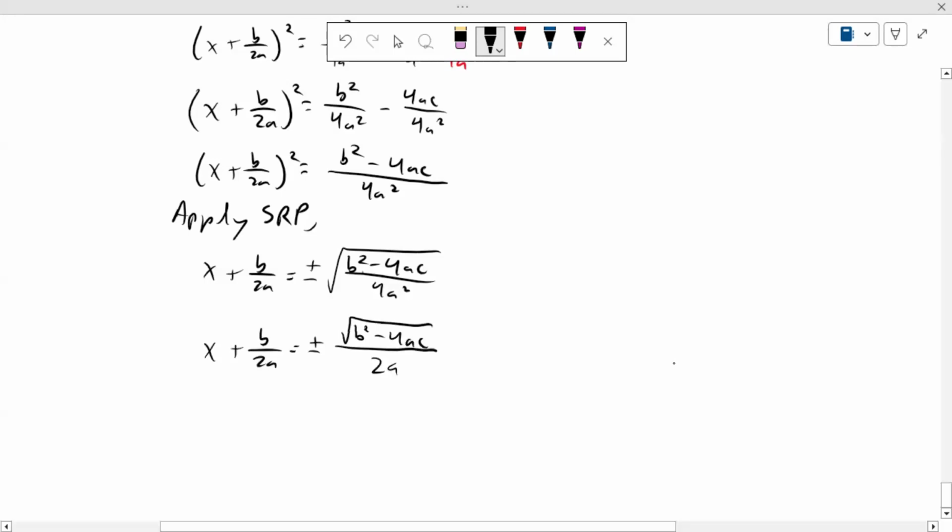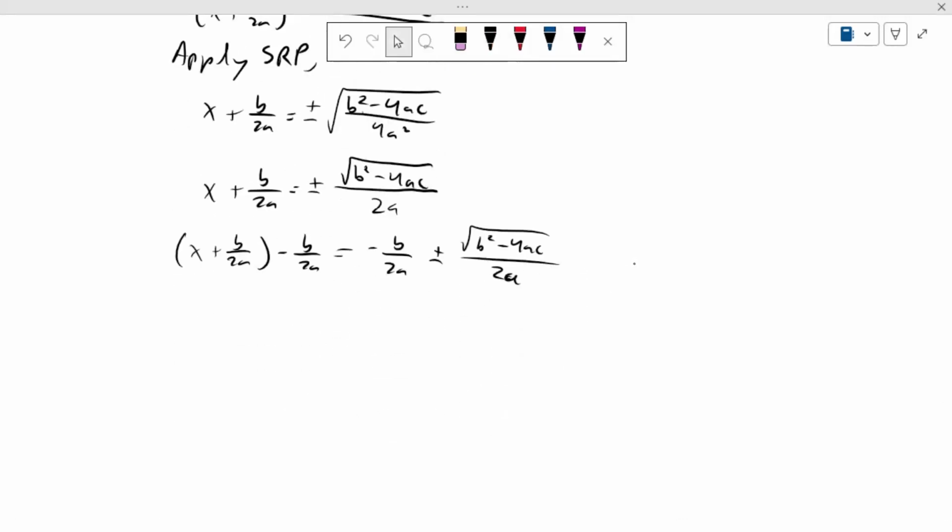So we have x plus b over 2a is equal to plus or minus the square root of b squared minus 4ac over 2a. Now I'll get x by itself, so I'm going to subtract b over 2a on both sides. That's going to be equal to negative b over 2a plus or minus the square root of b squared minus 4ac all over 2a.